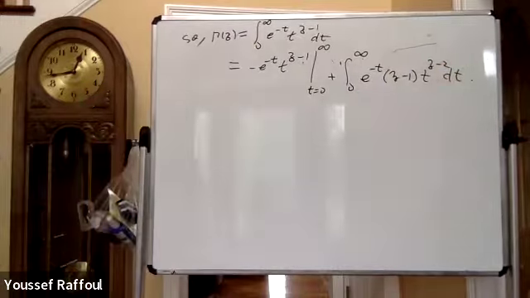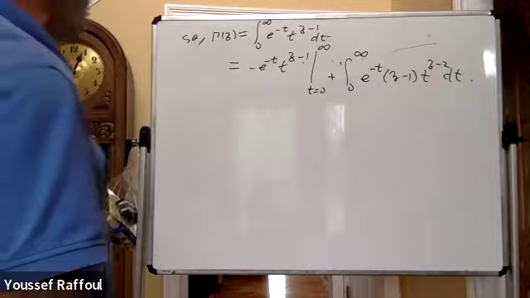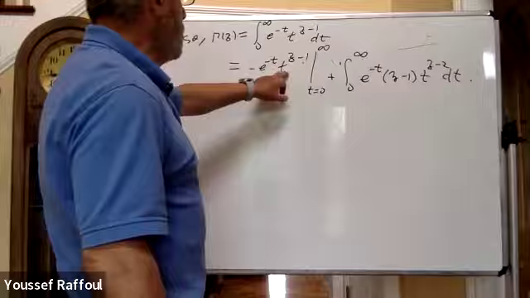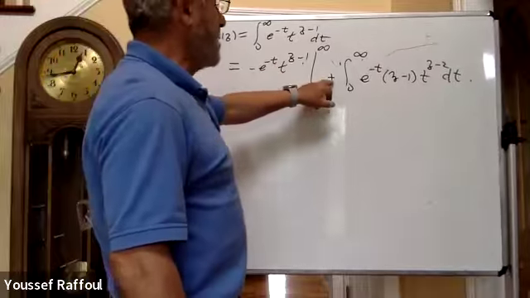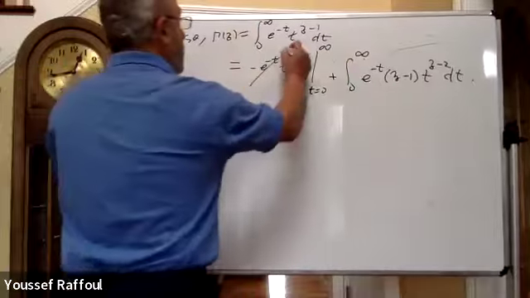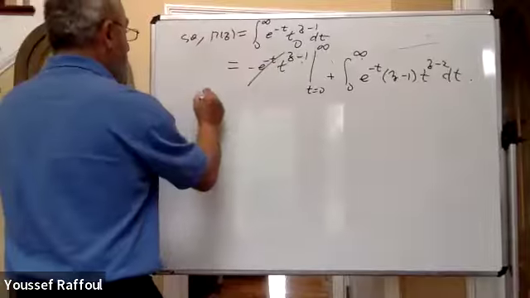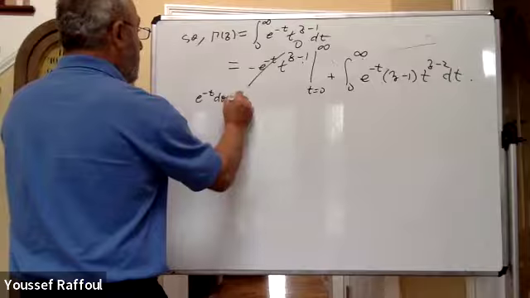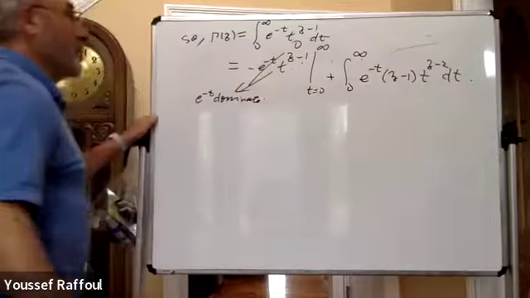When you integrate, this is what you get: uv minus v du. That is the u and that is the v, and minus times minus gives a plus. This boundary term is 0 because e to the minus t dominates.